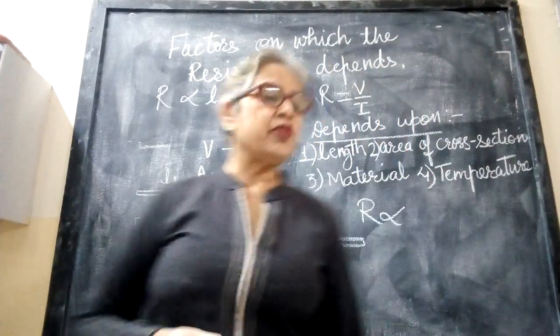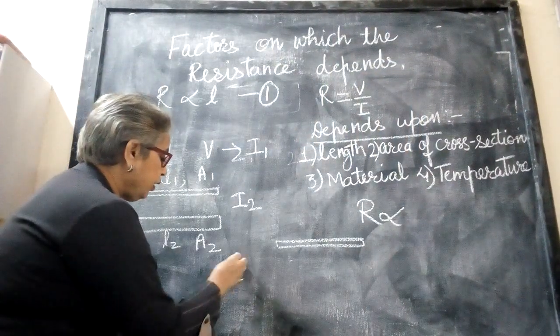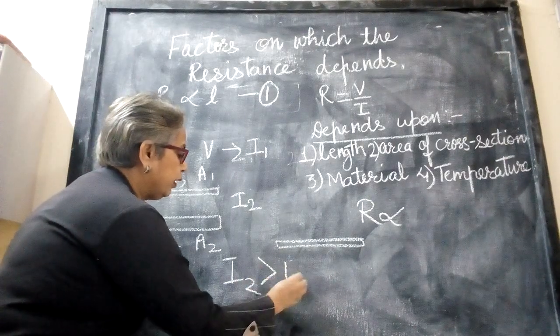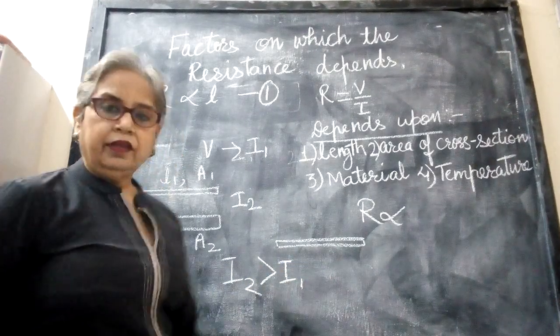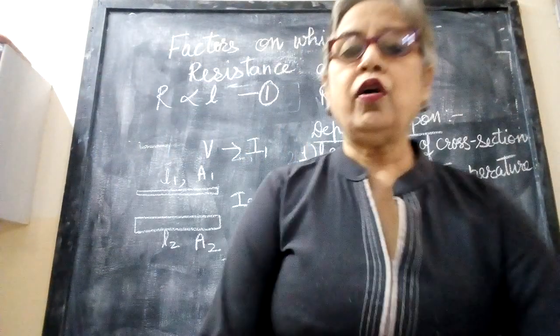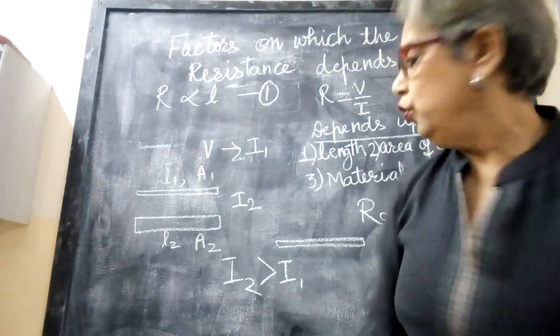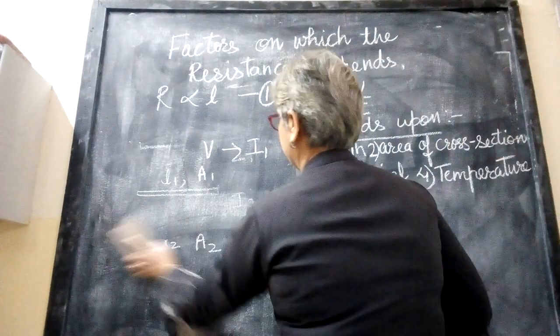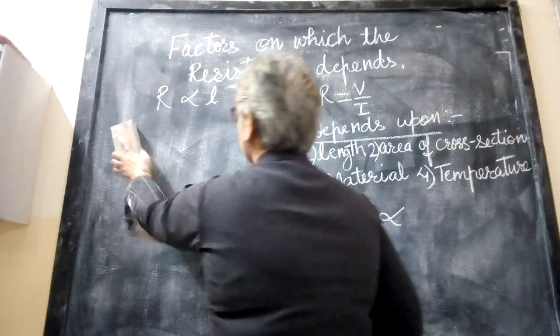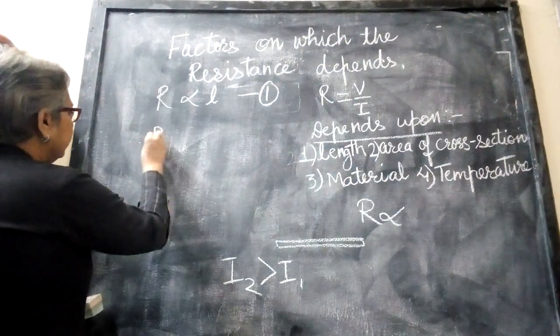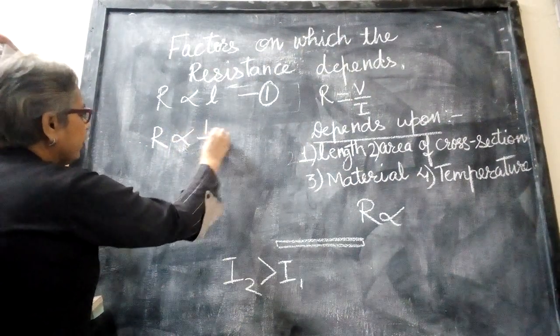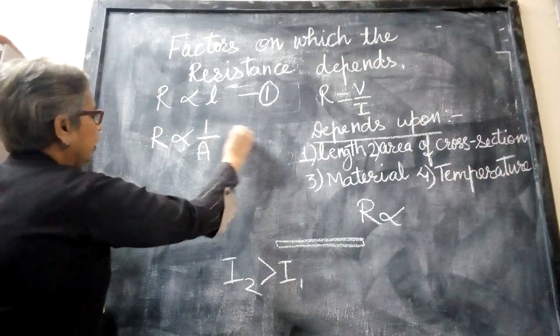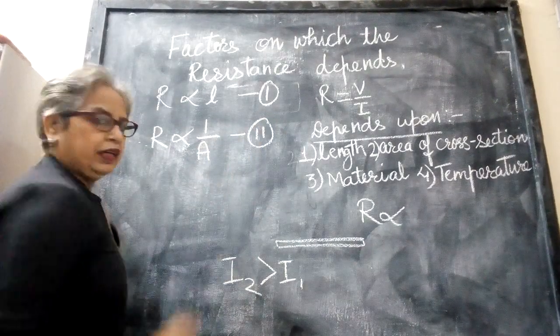Now what I observe is I2 is greater than I1. So from this observation we conclude that the resistance of a conductor is inversely proportional to the area of cross section.